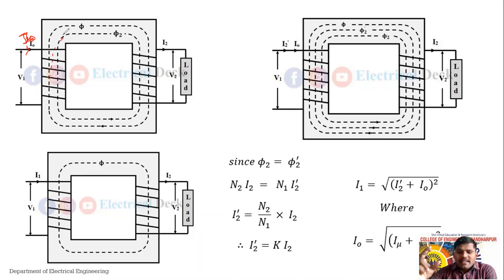Now see, when the transformer is on load condition, that means the transformer is put on load and the secondary side is loaded.